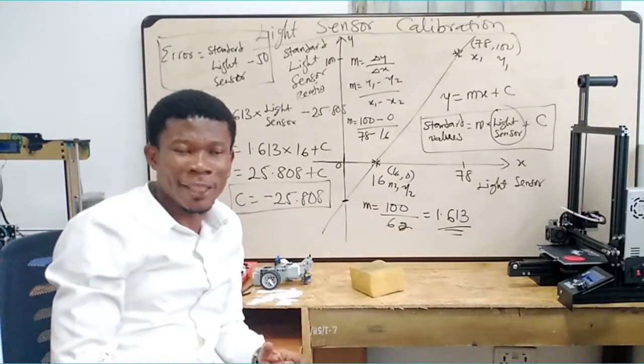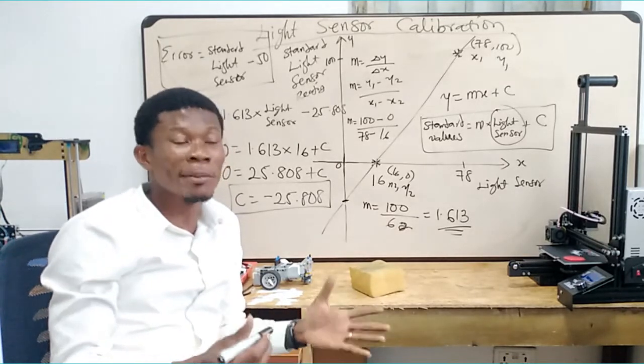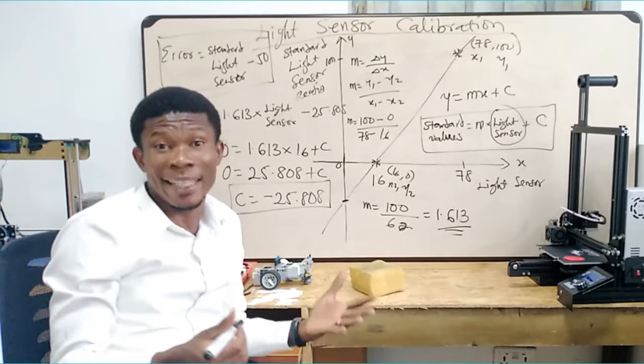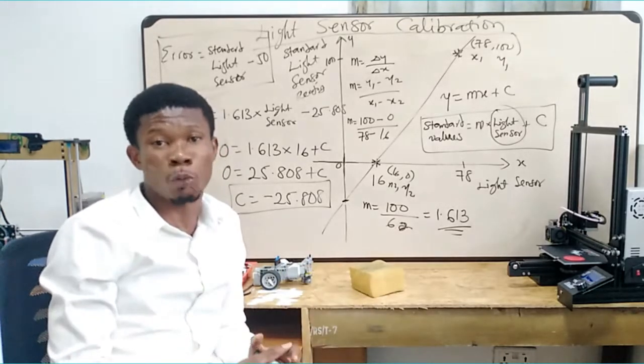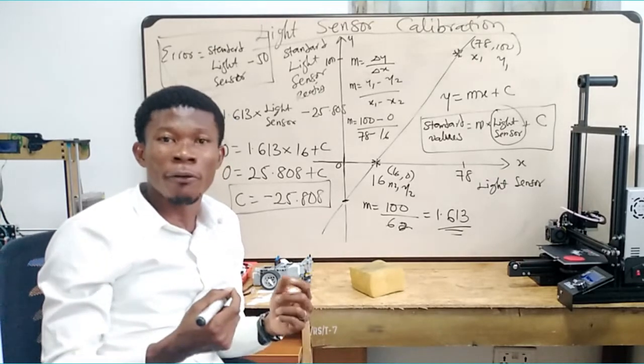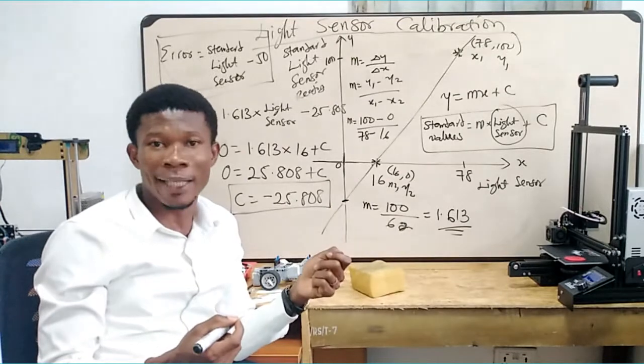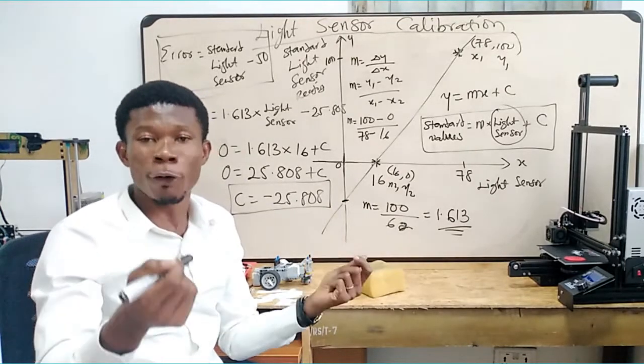Assuming you are a medical doctor, you get to a village or you are posted to a remote area, and you have thermometers that are misbehaving, but you have one thermometer that works properly. What can you do? You record temperatures with the accurate thermometer and plot them against the faulty ones.